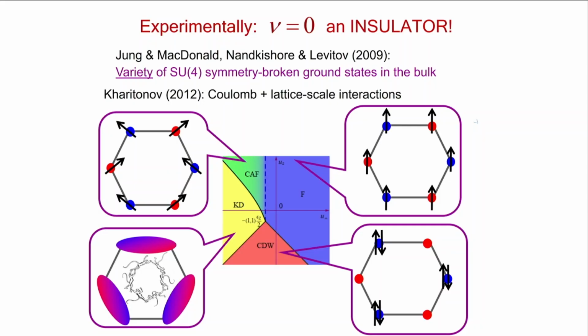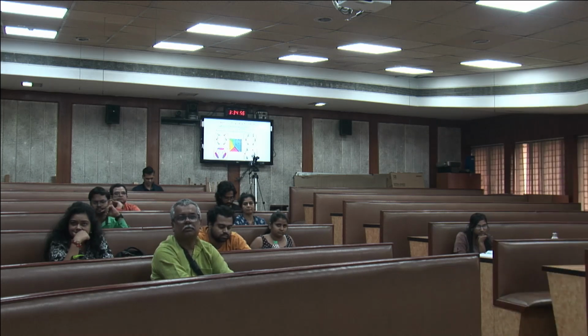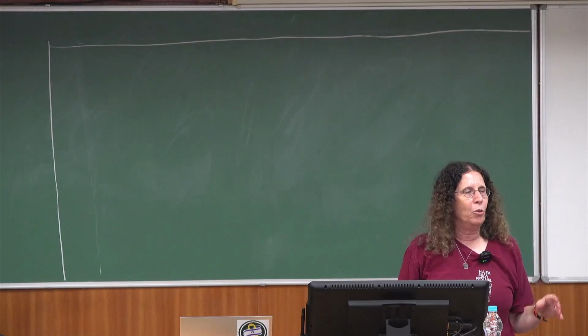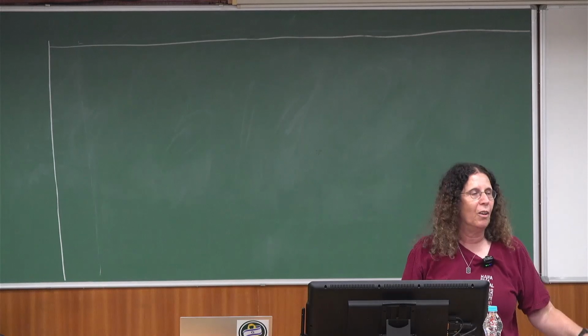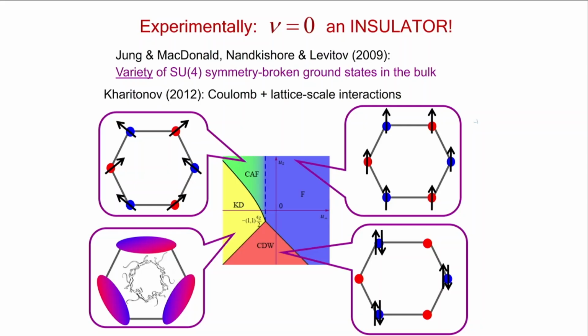I don't know if you can see very well. u-perp is for xy, and theoretically you can just do Hartree-Fock, just mean field, okay? That's the calculation that leads to this, and you look for the ground state, and you get a phase diagram that allows these parameters to be anything you want, from positive to negative, and that's what Kharitonov got. Let me go through it. He gets 4 distinct phases.